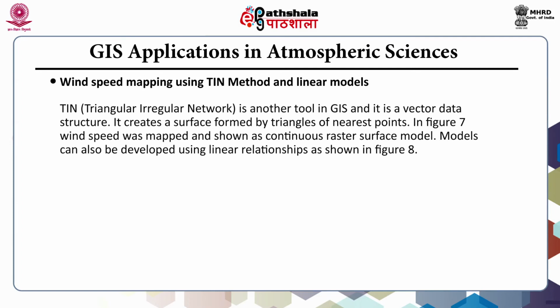TIN, that is triangular irregular network, is another tool in GIS and it is a vector data structure. It creates a surface formed by triangles of nearest points. In figure 7, wind speed was mapped and shown as a continuous raster surface model. A model can also be developed using a linear relationship as shown in figure 8.